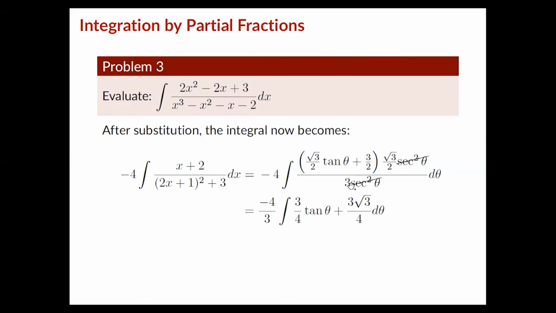Take note na nilabas natin yung 1/3 dito, kaya naging negative 4 thirds siya. Ngayon, ilalabas ulit natin yung mga constants para magkaroon tayo ng negative integral of tangent theta d theta minus square root of 3 integral of 1 d theta.